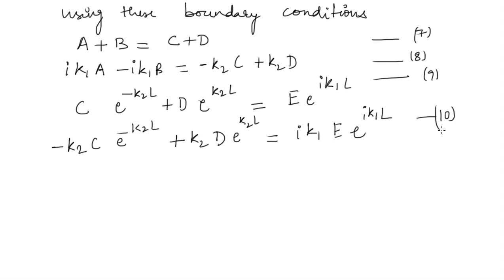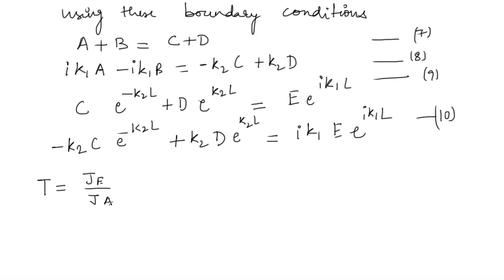Now, what am I interested in? I'm interested in the reflection and transmission coefficients. You all know what we have already proved, that the transmission coefficient is given by the current J in the third region, so that will be J_E upon J_A.